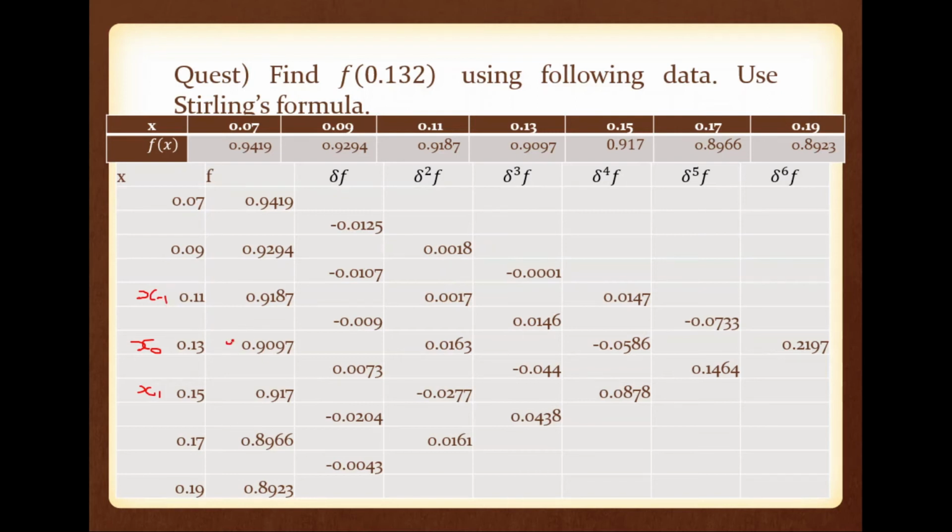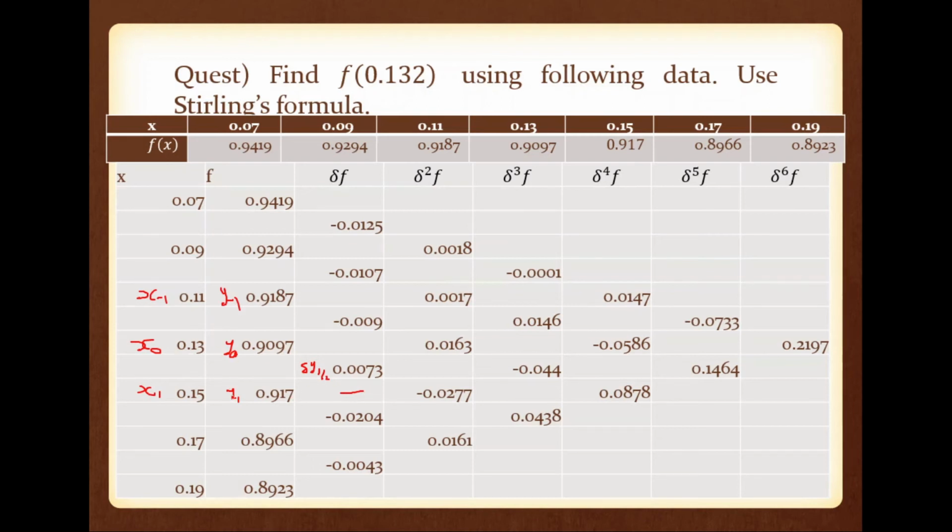Now, what about this one? This is y0, this is y1, and this is y minus 1. Which data is delta y 1 by 2? This data is delta y 1 by 2. This position is delta y 1, which is not available because we are finding central differences.